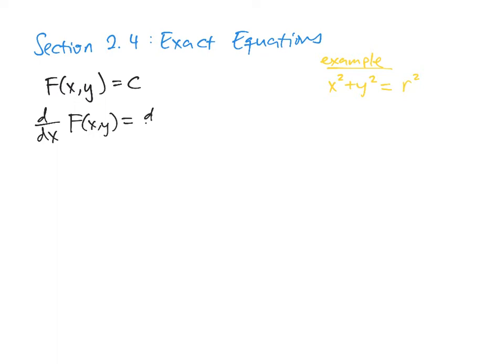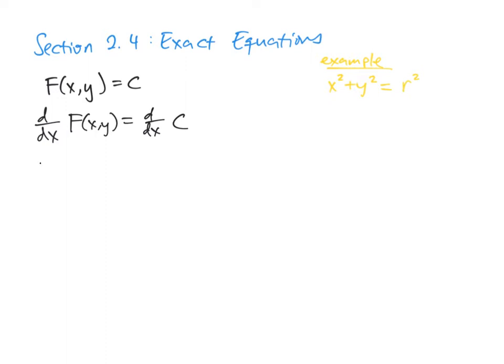And so that's going to be d dx of the constant c. The way that you find the derivative with respect to one variable in this function of two variables is a result from multivariable calculus that I'm not going to go into in great detail, but of course it involves partial derivatives.